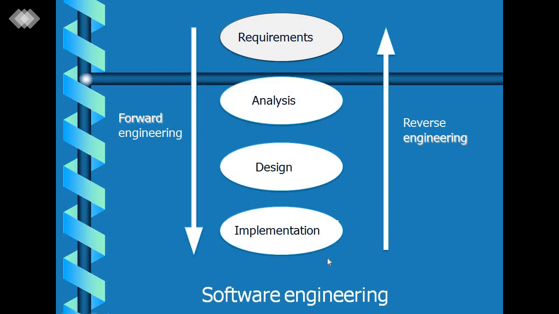These are the steps related to forward engineering and reverse engineering: requirement analysis, design and implementation, on the basis of which software engineering is worked from forward engineering and reverse engineering.